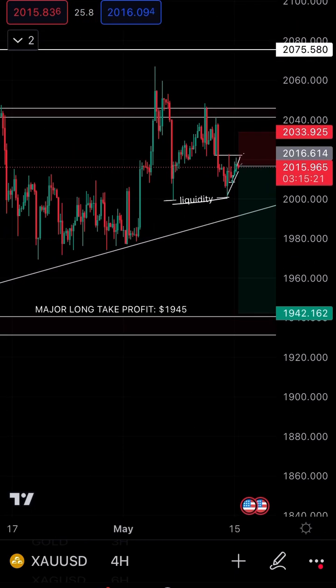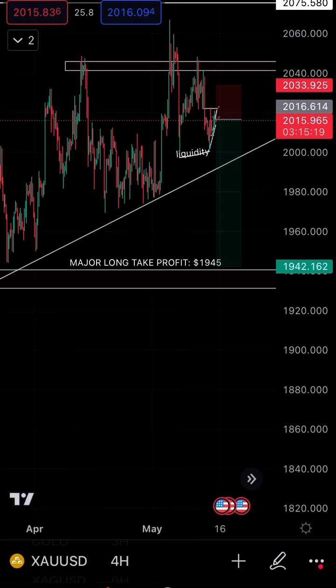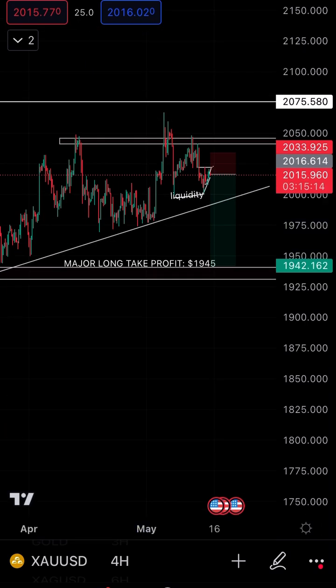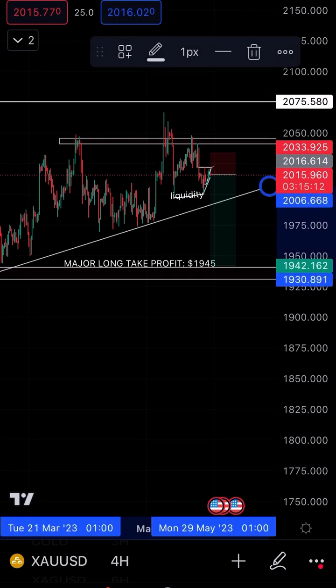So this is the way I'm looking at the trade right now, and I'm looking at us coming back to this trend line. So definitely I know that we'll come back to this trend line. That's why I'm even still bearish on gold. Are you getting it? So this is it.